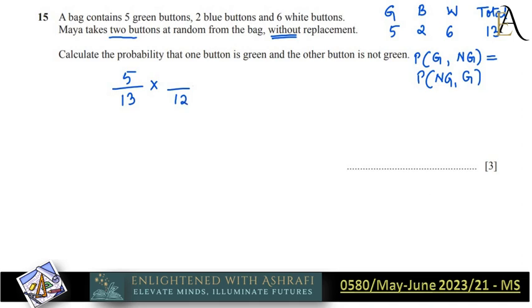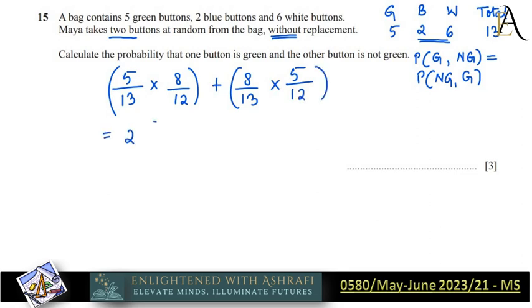If not green, then it could be either blue or white. So 6 plus 2, 8. Else, if my first one is not green, then it is 8 upon 13, and my second event is a green button, so 5 upon, since one has been removed, this becomes 12. So you can write it as 2 times 5 upon 13 multiplied by 8 upon 12.